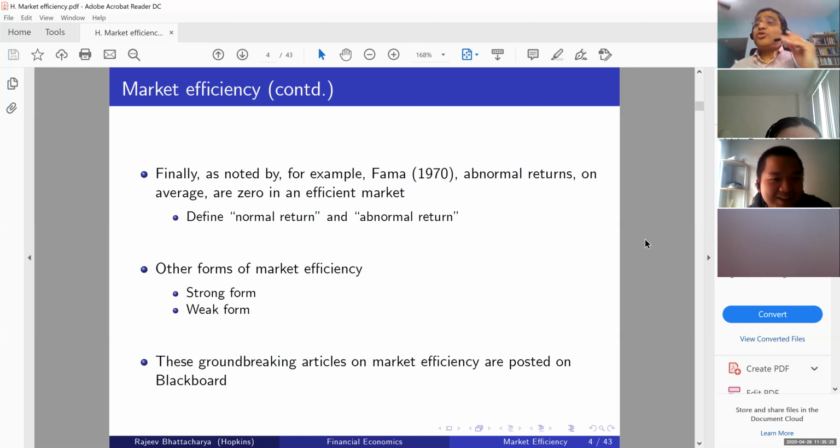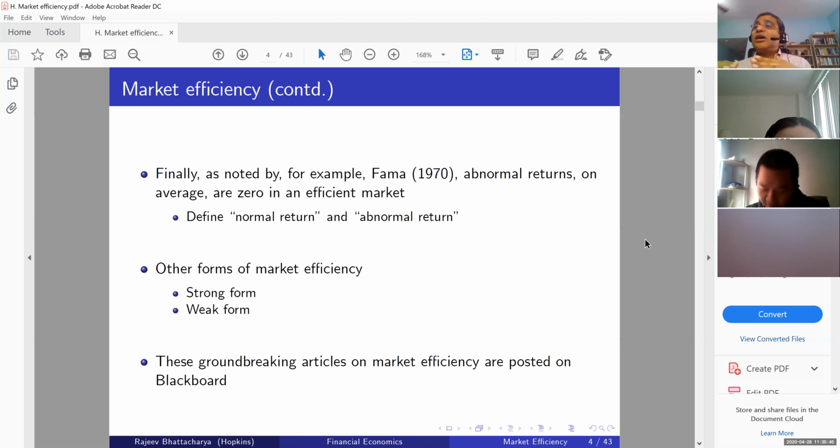That's what we've been trying to do with the CAPM and the market model and all of those. That's the whole objective of studying those models: to say what is the expected return that sets a benchmark, over which you can say anything over and above or below that is the extraordinary or abnormal return.